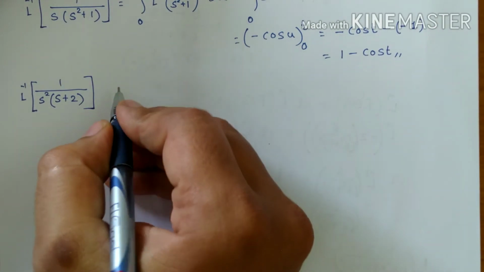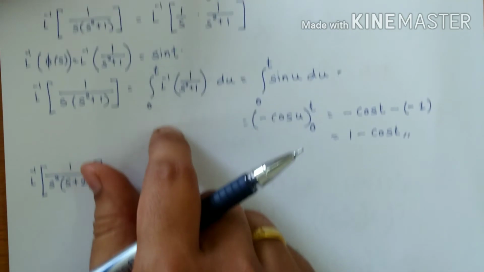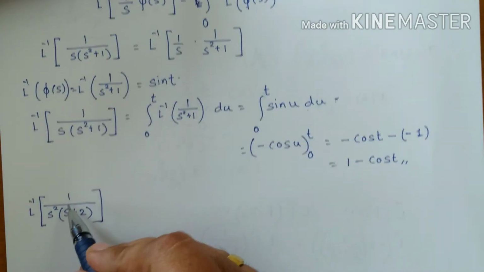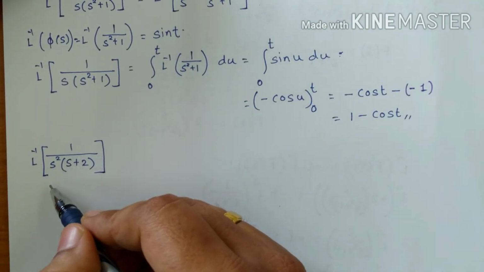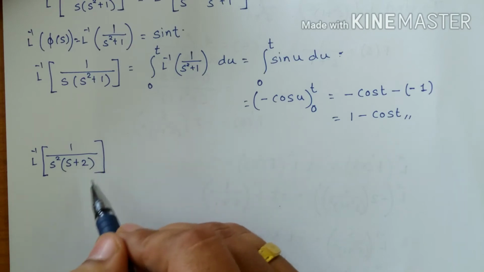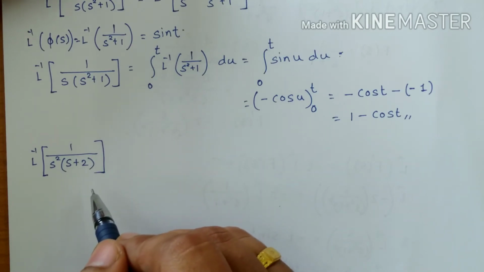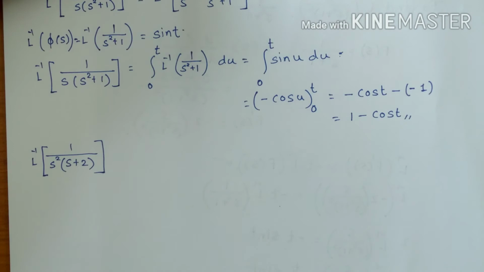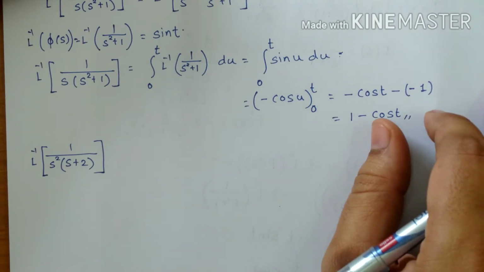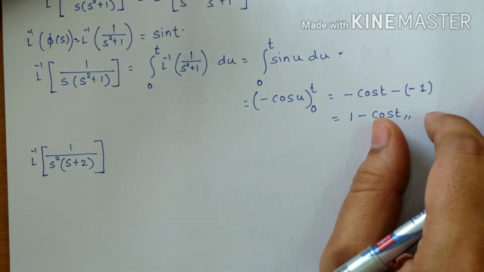If I want to apply this particular property, then here the 1 upon s square term can be written as 1 upon s into 1 upon s. So we can take its effect as 1 upon s, effect is integration. So as there are two terms 1 upon s into 1 upon s, we have two integration terms, but it is slightly confusing while solving the integrations.